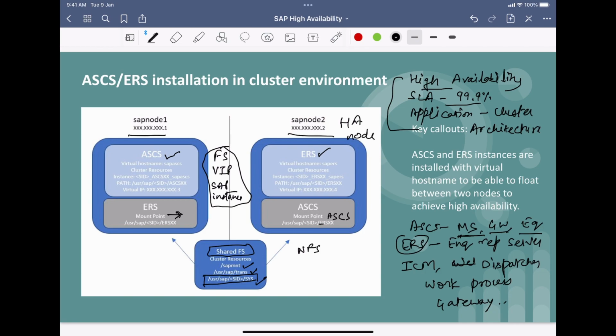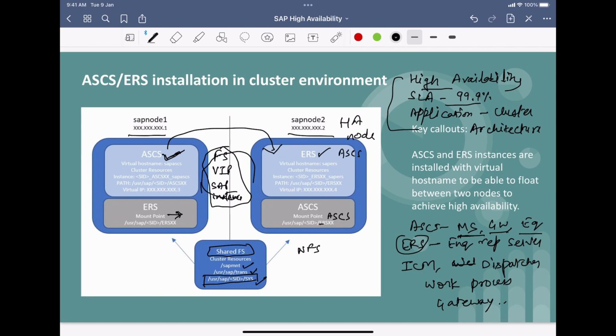We have two nodes, one for ASCS, the other for ERS. Whenever something goes wrong with ASCS, it moves to the next node along with these three entries, and it starts there without impacting the production system or the system availability.